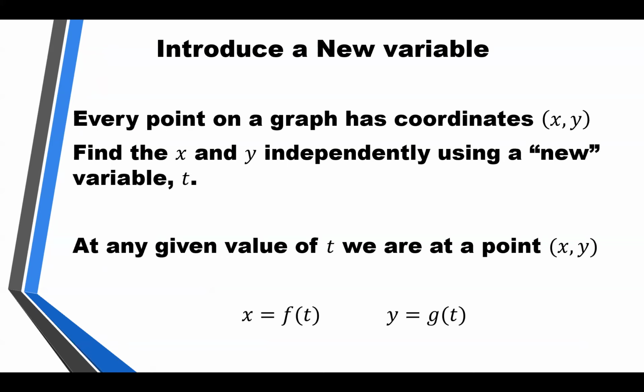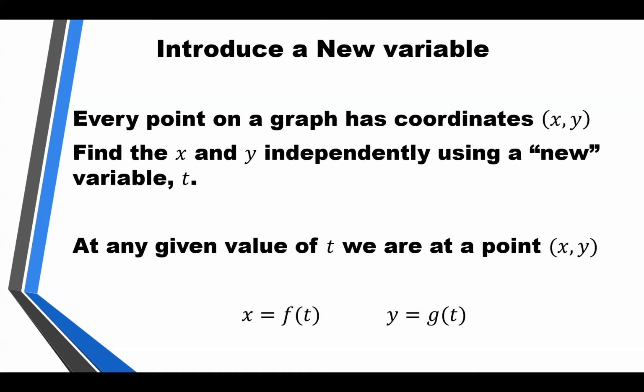Every point on the graph is going to have coordinates x and y, and we're going to use this new variable to find x and find y. Usually that new variable is the variable t in parametric equations. And so we're going to find x and y independently using this new variable of t.